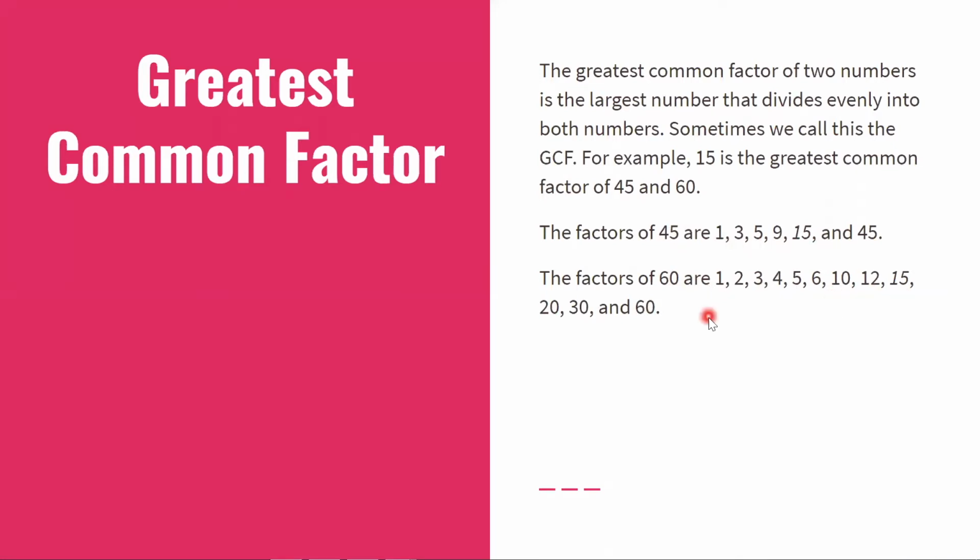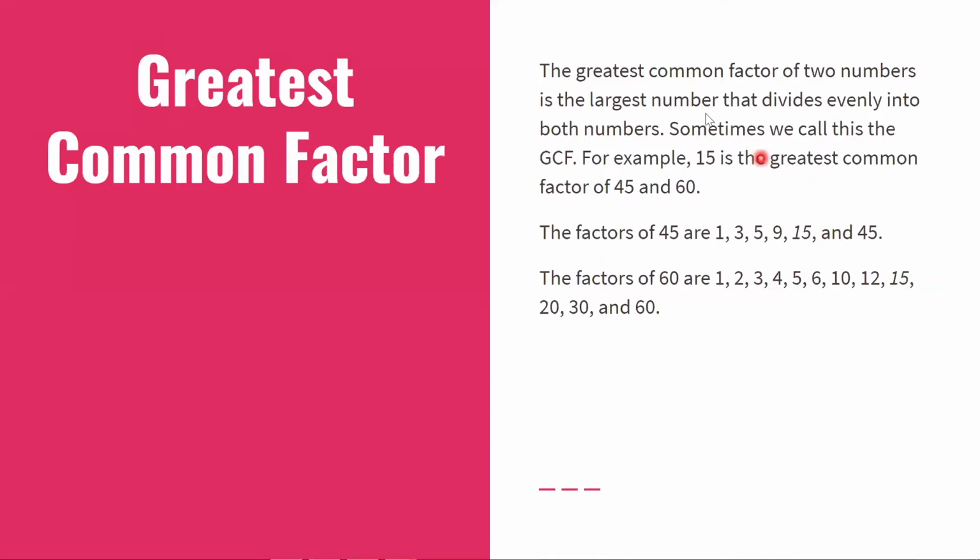And when you look, there's a lot of factors in common. They both have 1, 3, 5, and 15 as common factors. When you want to find the greatest common factor, you look at which one of these numbers is biggest. So out of 1, 3, 5, and 15, 15 is the biggest number, so 15 is the greatest common factor in this situation.